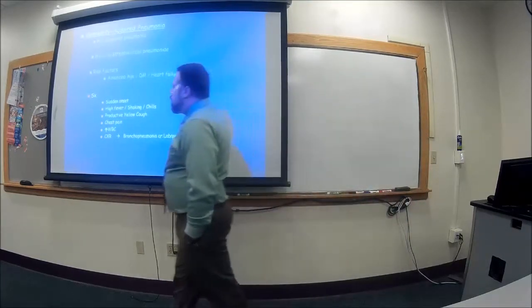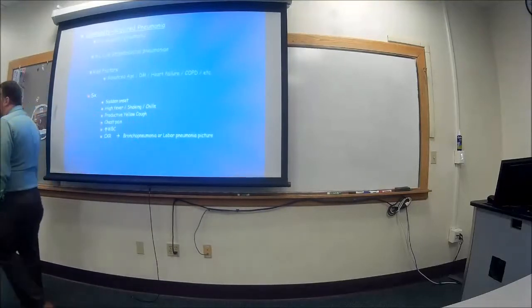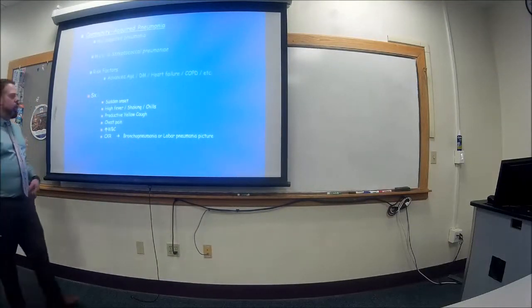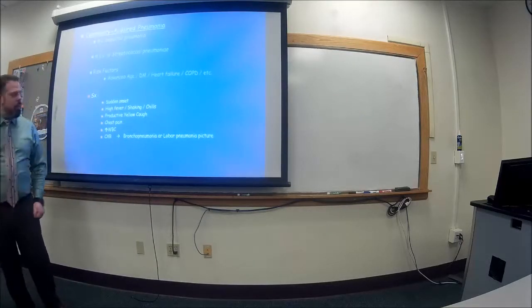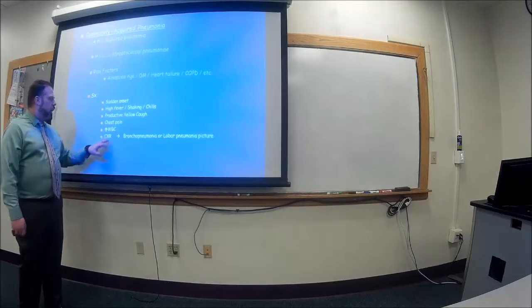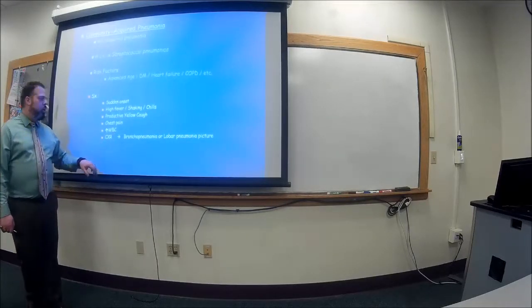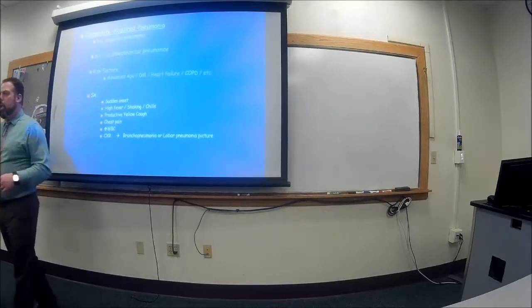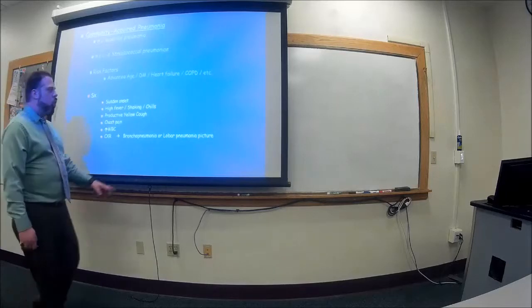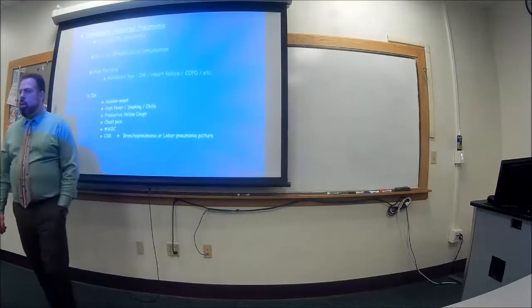Signs and symptoms of this. They usually will have a sudden onset of fever and chills. They produce a yellow cough, so you've got yellow that's coming out. They usually will have chest pain. The white blood count is up, and they may either have bronchopneumonia, where it's going to be patchy in more than one lobe, or it could be a whole lobe itself that looks like it's being affected by the pneumonia.